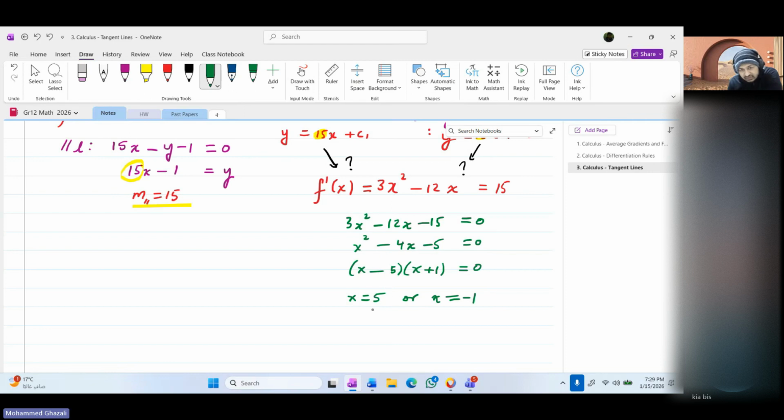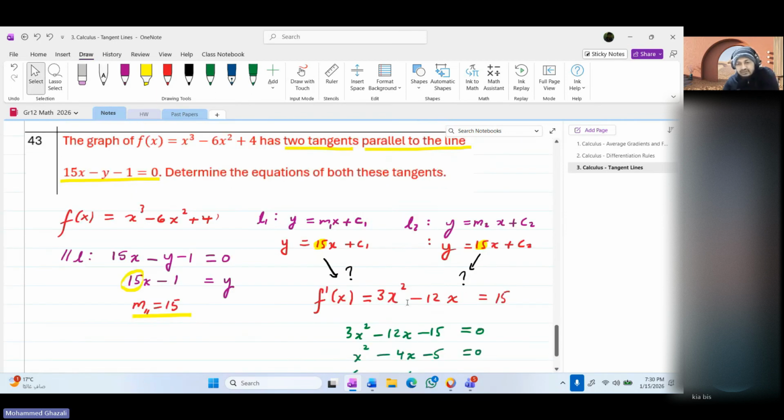So we need to substitute the values 5 and negative 1 in the original function. So y is equal to f of 5. What is f of 5? We're going to substitute 5 in the original function, the cubic function. So f of 5 is 5 cubed minus 6 times 5 squared plus 4.